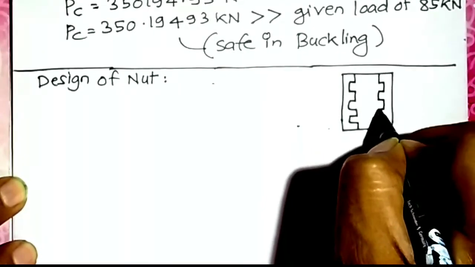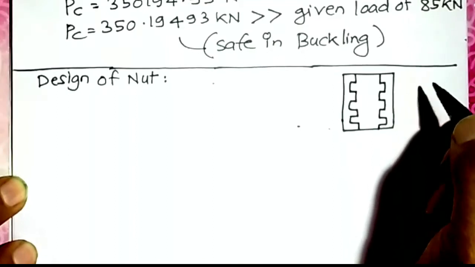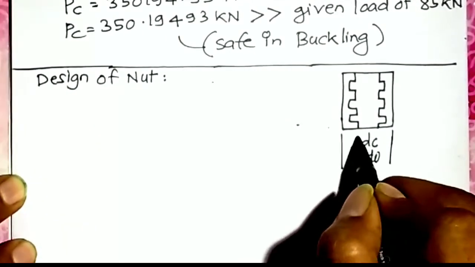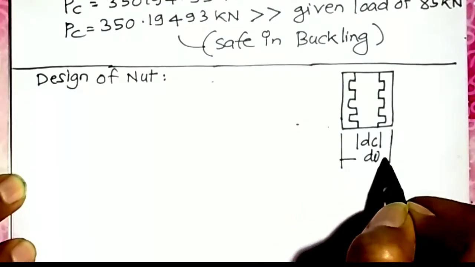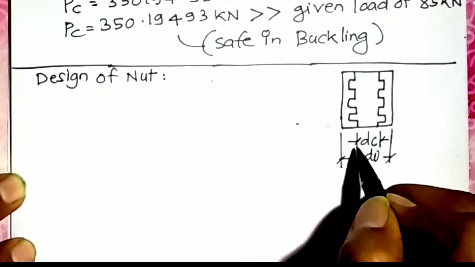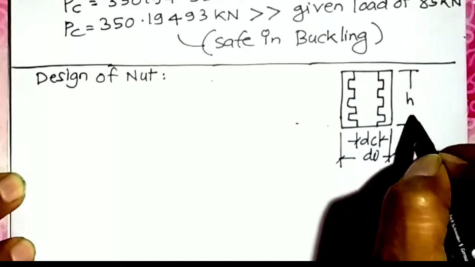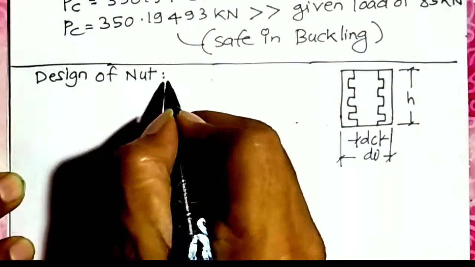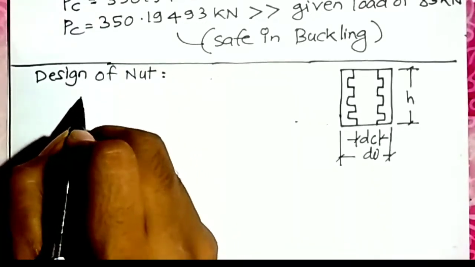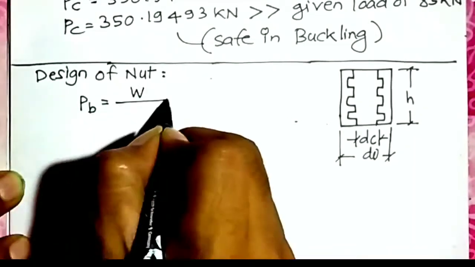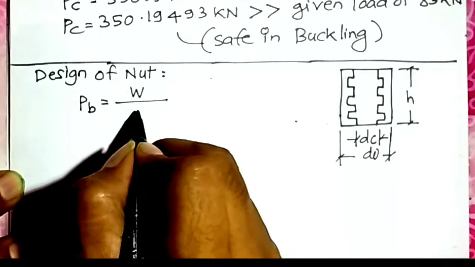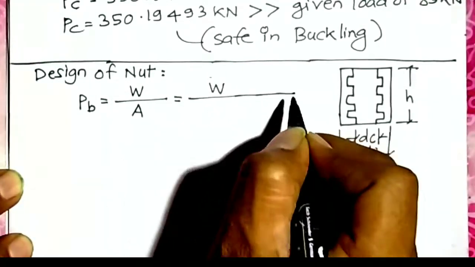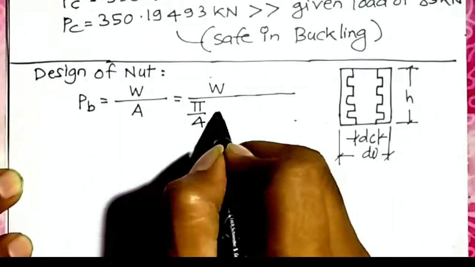If you look at the nut, this is the outside diameter of nut, that is D1, and there inside there is DO and DC. So the screw spindle will pass through this nut, and height of nut is considered to be H. So this is DC and DO, outside diameter, core diameter and height of nut.